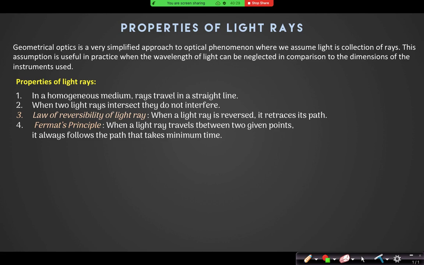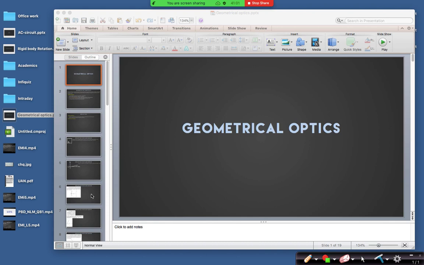Before that, we should take these 4 as our assumptions for light rays. These are properties, but you can also say these are assumptions made from various observations. When we analyze, we have concluded that these 4 properties should be there in a light ray. The first property is that in a homogeneous medium, light ray travels in a straight line, right? When the medium is homogeneous, that means there is no change in medium.